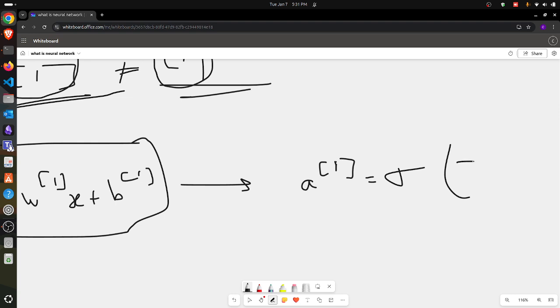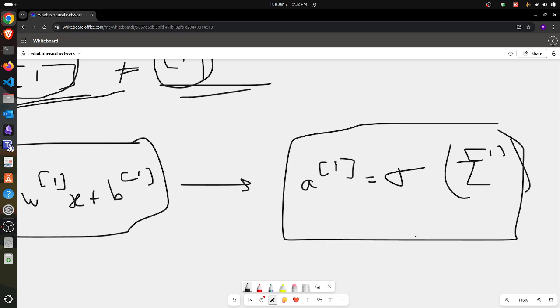So this is our sigmoid function. I hope you guys remember the whole derivation of these things from the previous videos.